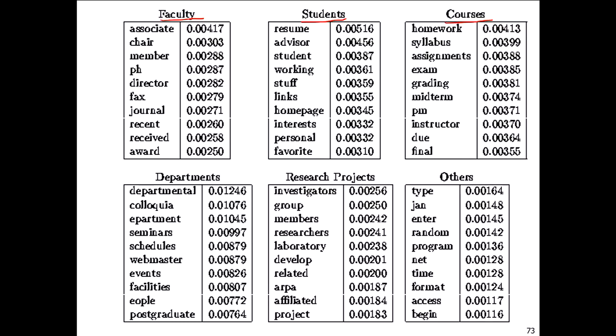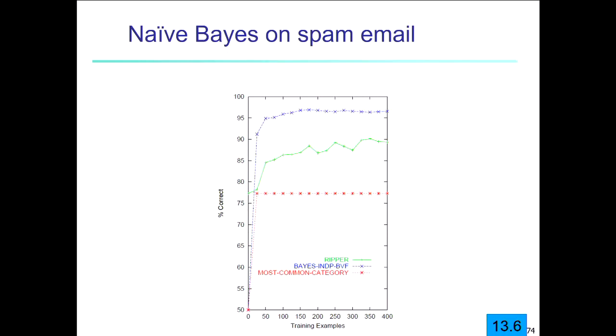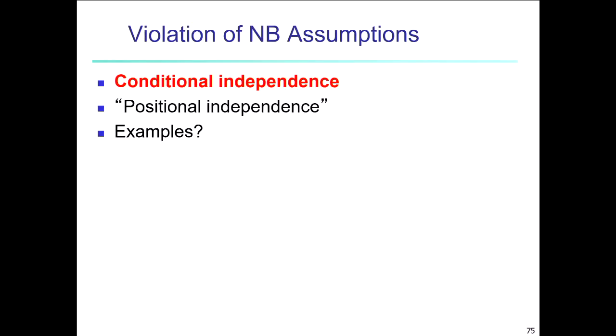For example, for students, if you see resume, advisor, or student working staff links, it indicates that this text is likely to be about students. This is another example showing the advantage of naive Bayes, which is the blue line here, on identifying spam emails.